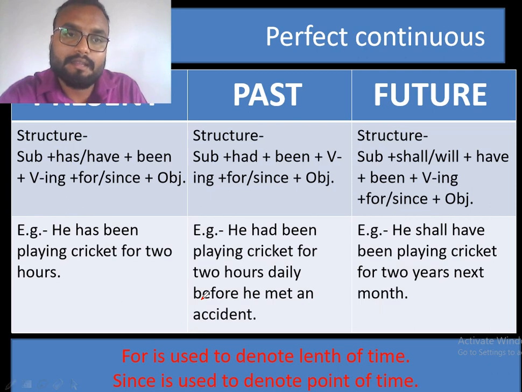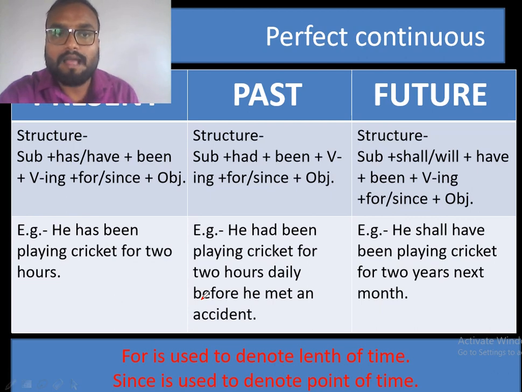If I say that I have been teaching English for the last 5 years, so here the last 5 years denotes the perfectness about my teaching, and this action is in progress. I haven't stopped teaching, so it is continued as well.